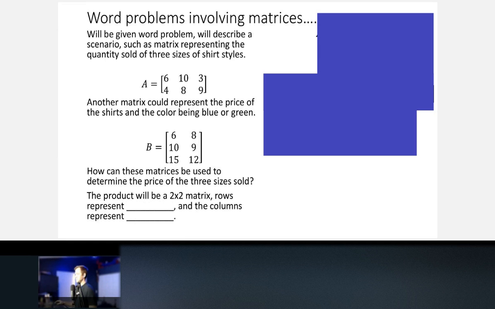So it looks like Isaiah is changing his answer. You're saying the 3 sizes are the 3 columns. Is that what you're saying, Isaiah? You're changing your answer? Brady's also agreeing with Isaiah's changed mind.